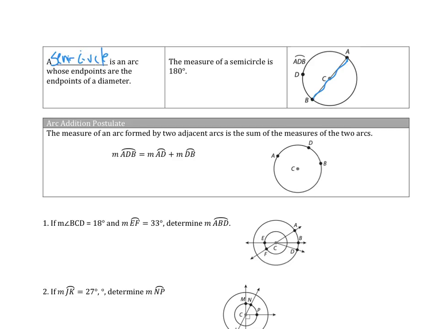It cuts the circle in half. So if a circle is 360, half of that is 180. Now, an important use from this is the arc addition postulate. So my bigger arc, ADB here, can be made up of AD plus DB, which is helpful as we work on problems here down below.